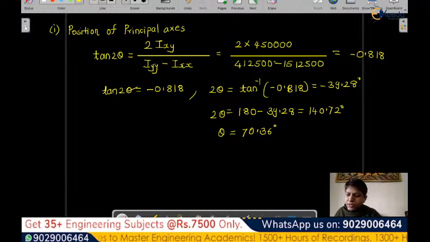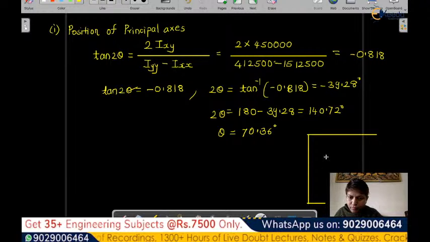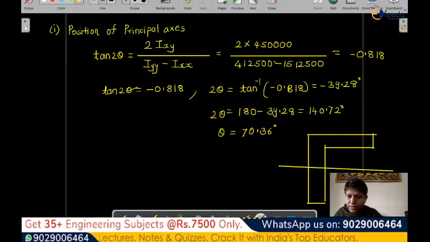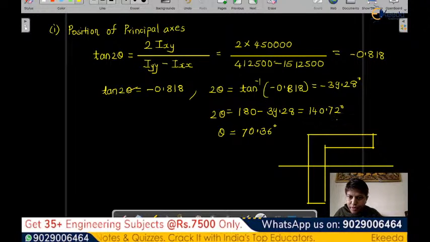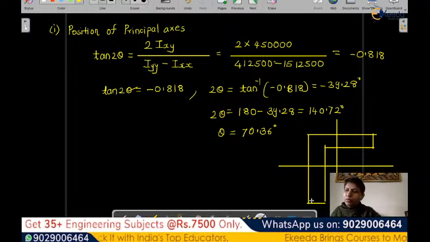Suppose this is our angle, not channel. For this particular angle, our x-axis was like this, our y-axis was like this. Now it has been asked what is the position of principal axis. It is at 70.36 degree.